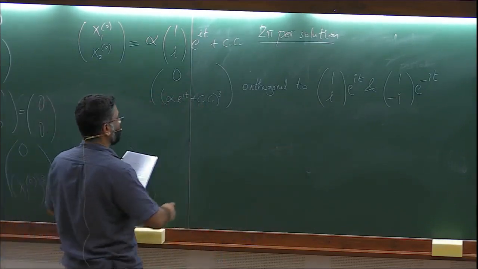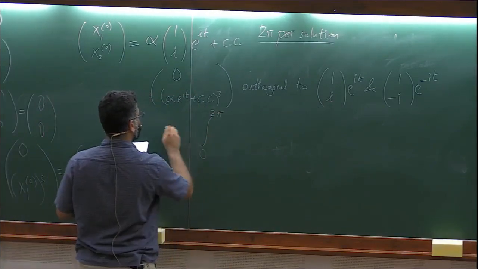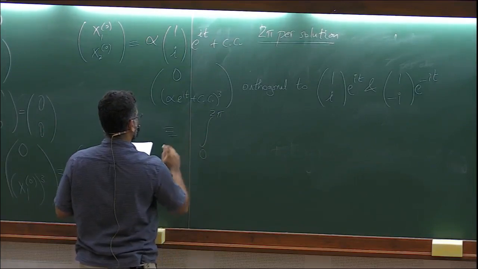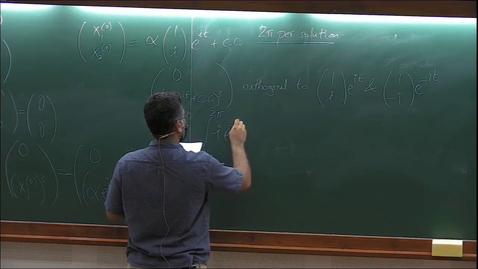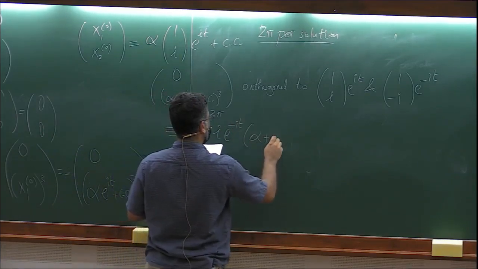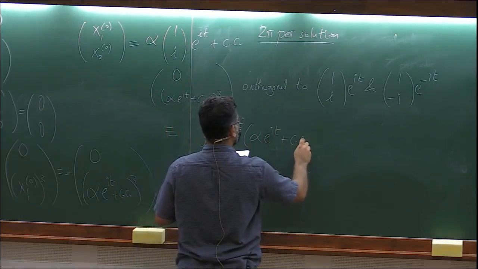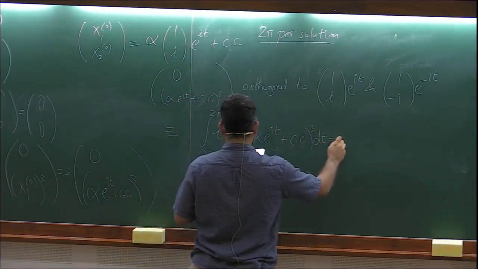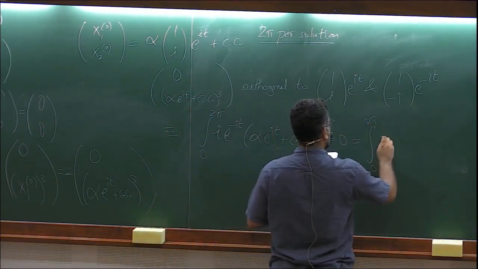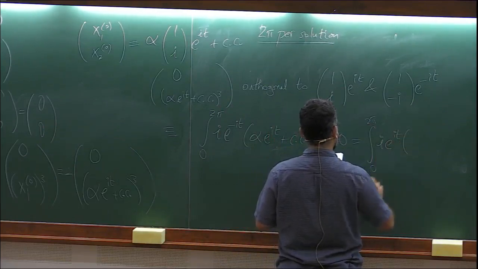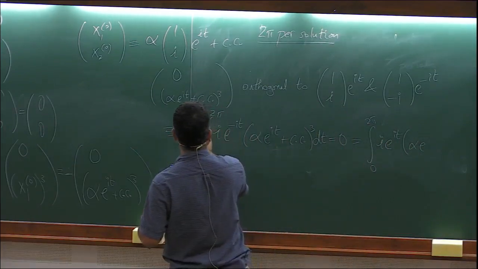So if you write down this integral, the inner product is equivalent to, let's say, the integral from 0 to 2 pi of i e to the minus it times alpha e to the it plus complex conjugate cubed dt is 0, and should also be 0 for i e to the it times alpha e to the, let's put a minus here, although it makes no difference.